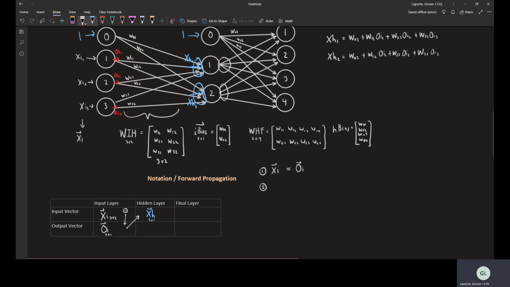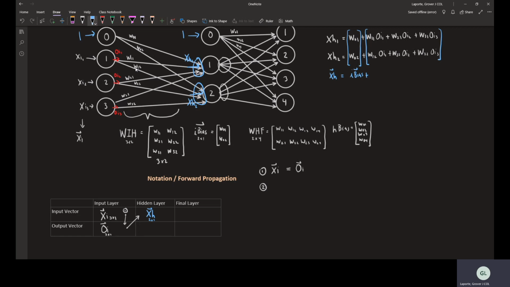So what we notice, if we're matrix algebra people, is we can make our calculations much easier if we look at it like this. These two calculations can be summarized by this being the I bias vector. So that's what WO1 and WO2 make up, and we'll let this be the XH vector, which is equal to the I bias plus, well, how would we get these two numbers here?